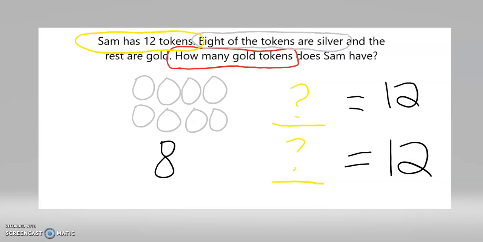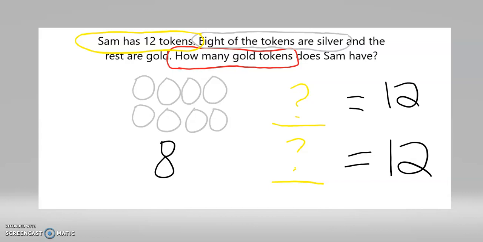So again, the focus here is not on the answer, but more so how do we get there? So how many jumps on a number line would I have to make to go from 8 to 12? I could also count on my fingers if I wanted to as well. We could use a similar strategy. We know that 8 is very close to 10, so we could make that friendly 10.